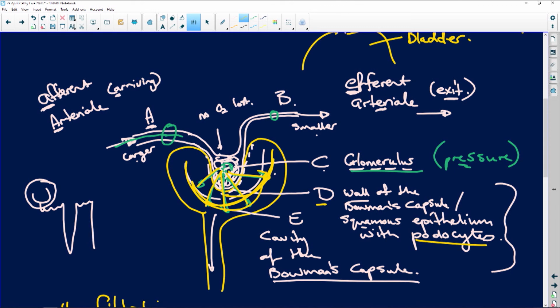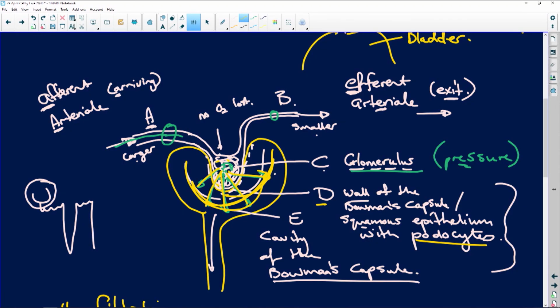Now, people, look at the Bowman's capsule. It's a round, bowl-like structure. So what do we have? Instead of this flat thing, we've got this. We have increased the surface, and sitting, nestling inside that bowl of Bowman's capsule, you have the glomerulus.